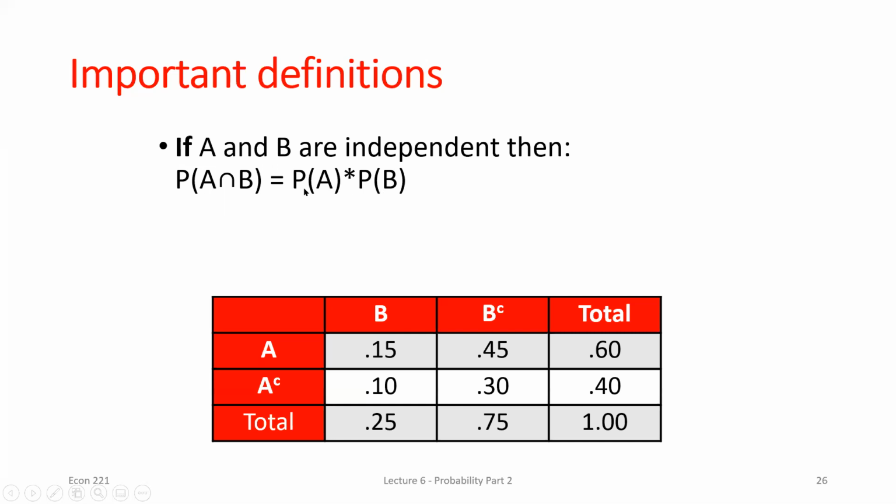Well, here there's no way I could check it differently for the direction of the relationship. So if I look at the intersection of A and B, that's 0.15, and then take the probability of A, 0.6, times the probability of B, 0.25, which ends up being exactly the same. Right? So this check maybe helps us remember that if A is independent from B, B is independent from A. These two things are just independent from each other.